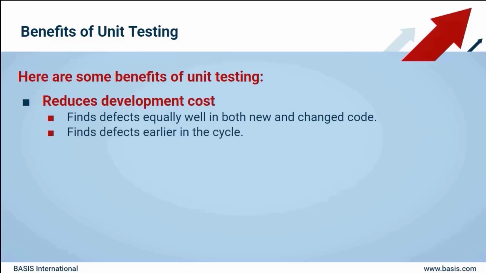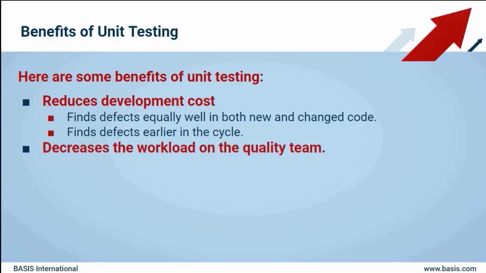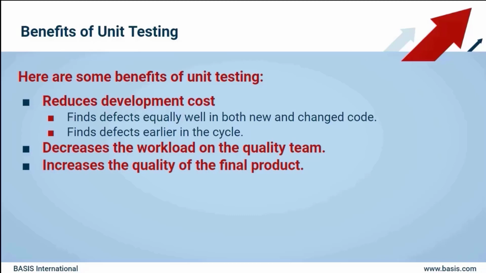It helps them to find defects earlier in the development cycle. It also decreases the workload on the quality team because the developer is finding his own product problems first. And it increases the quality of the final product because more people are testing sooner and longer and more effectively.